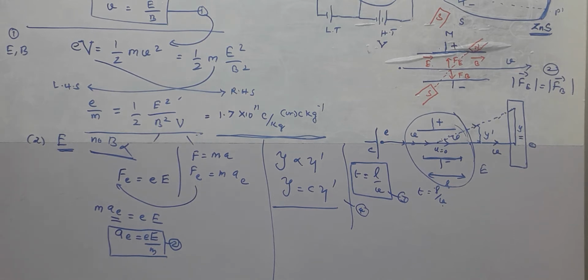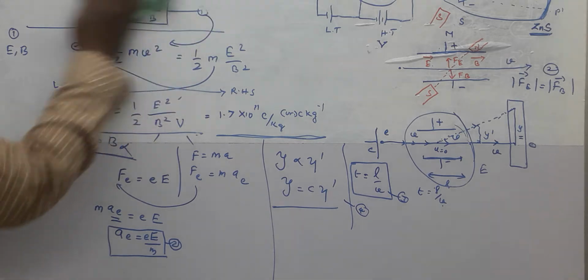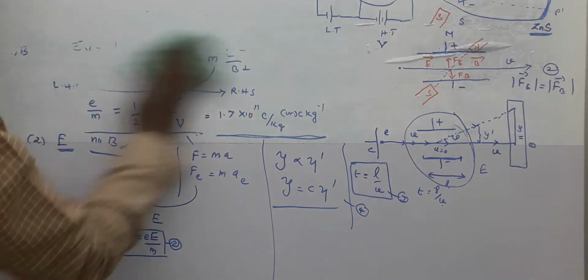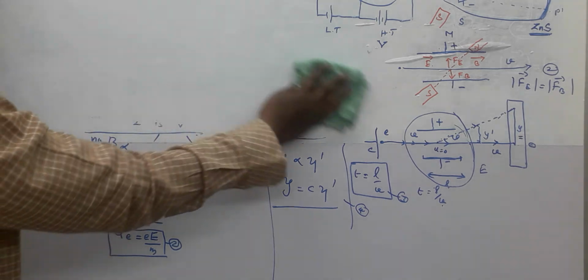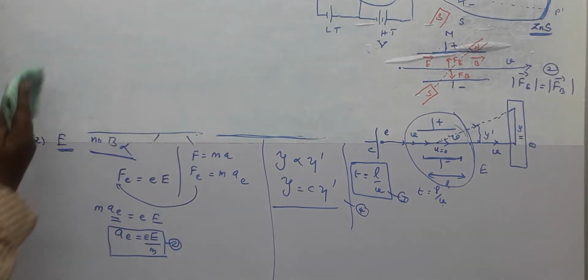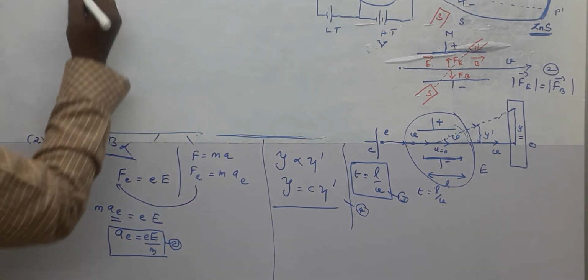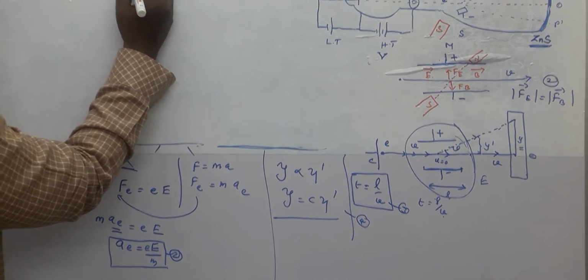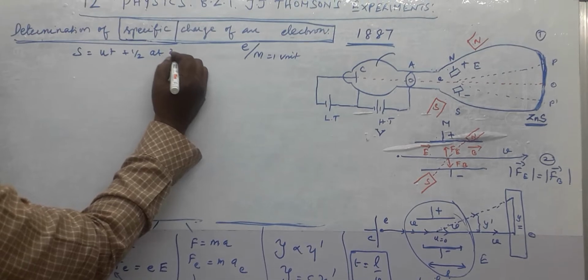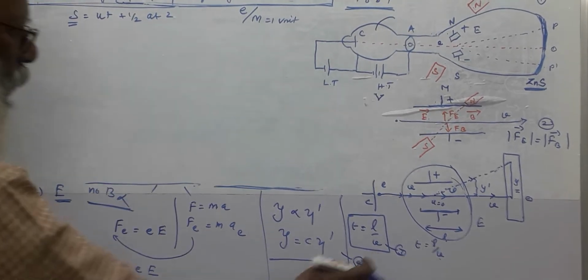But in general, we already know the displacement equation: s equal to ut plus half a t square. Here the displacement is called y dash.